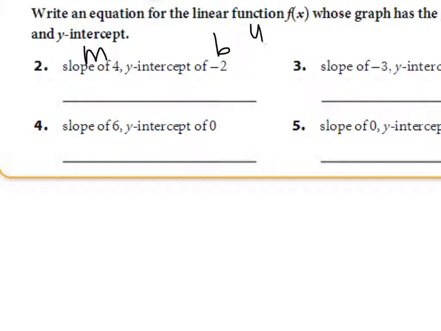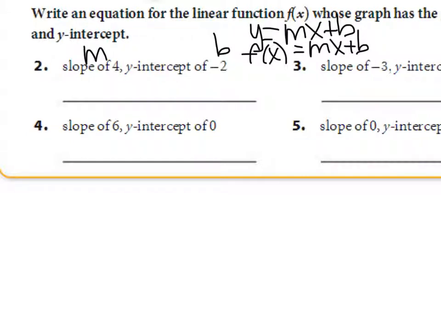So if we're writing these in y equals mx plus b form, or, since it's a function, f of x equals mx plus b, we know that instead of m, we're going to replace it with 4, which is always attached to your x, your slope, and then instead of plus b, since this is a negative b, we're going to put -2, and there's your equation.